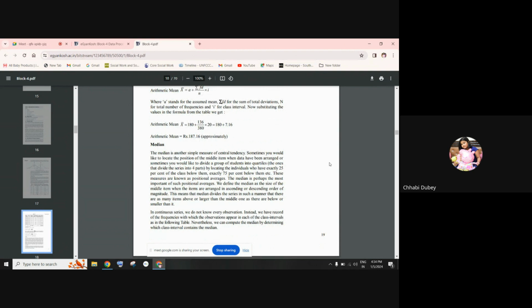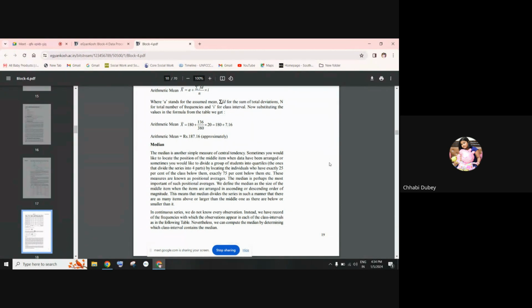We define the median as the size of the middle item when the items are arranged in ascending or descending order of magnitude. So we are going to arrange the data in a particular manner, either in ascending order or in descending order. And once they are arranged, we will find out the middle value of the data. This will give us the median.